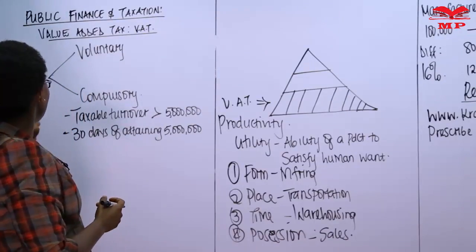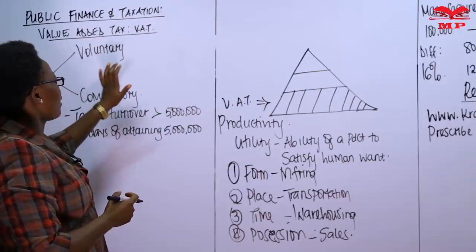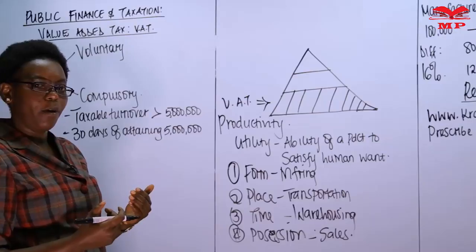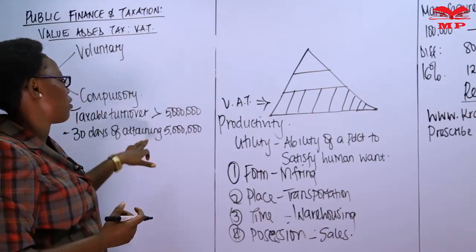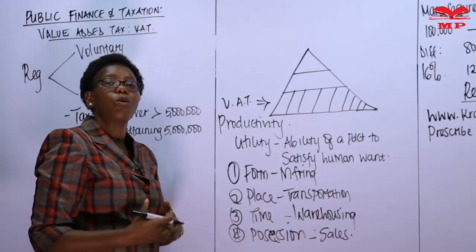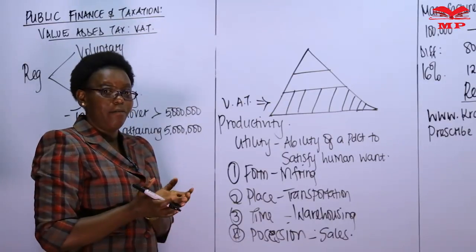The other process of registration is voluntary registration. Voluntary registration is for people or persons who've not reached the 5 million threshold turnover, but they feel that they would want to be included in the VAT.